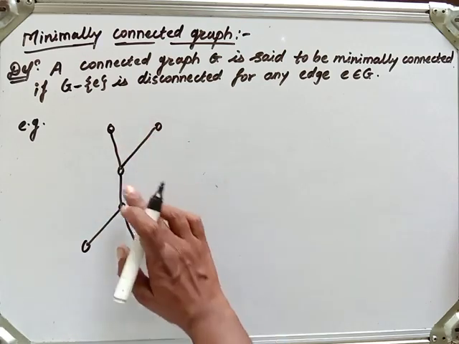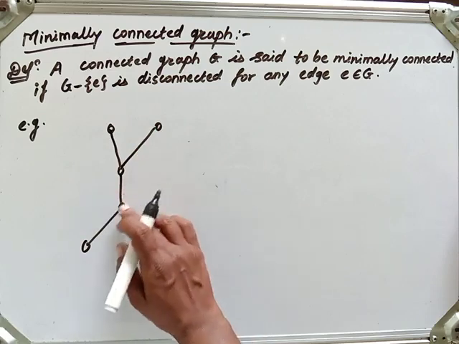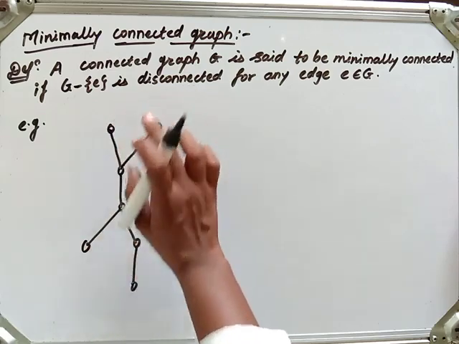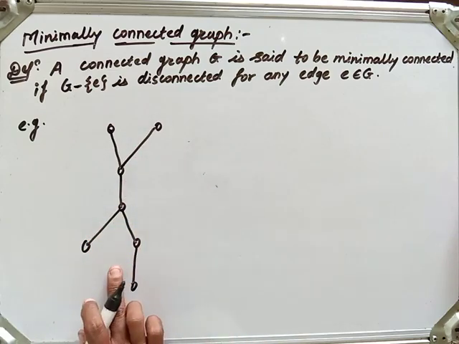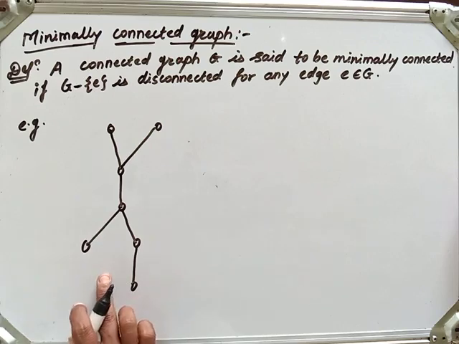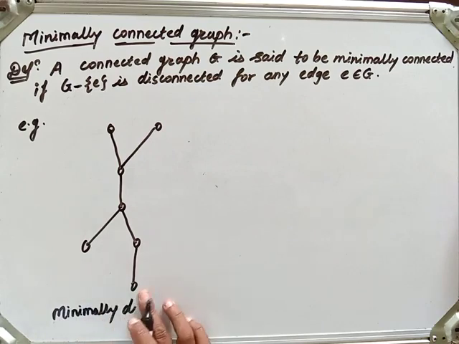If I remove this edge, then this is one part, this is another part, right? Similarly for the others also. So if I remove a single edge from it, then it will become a disconnected graph. So this graph is minimally connected.